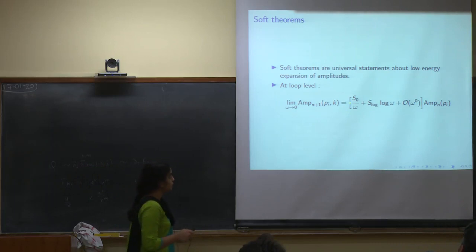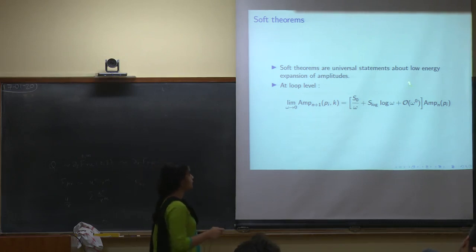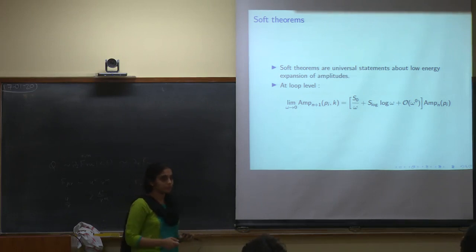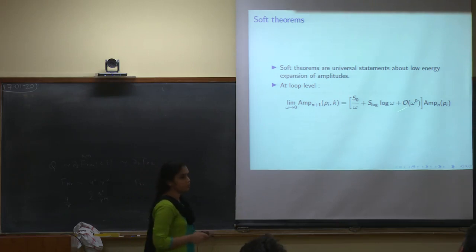This term has been known for a long time, and it's also known that this is an exact quantum statement. At loop level, this calculation was done very recently, and what they found is that there is a log ω term, and this term is absent at tree level. If we study tree level amplitudes in the low energy limit, then there is no log ω term.